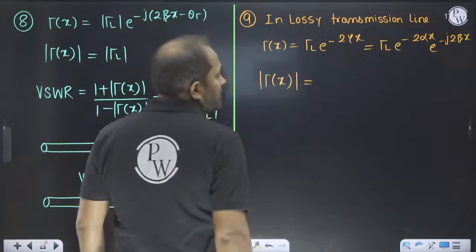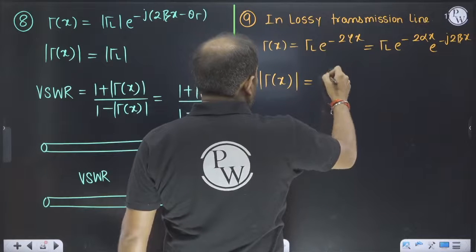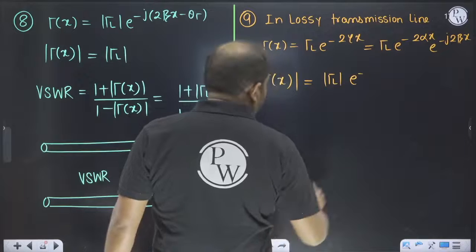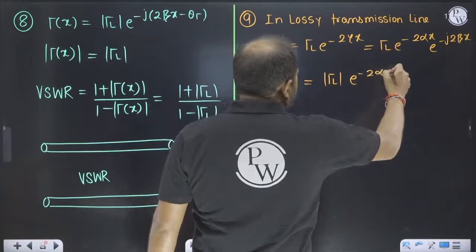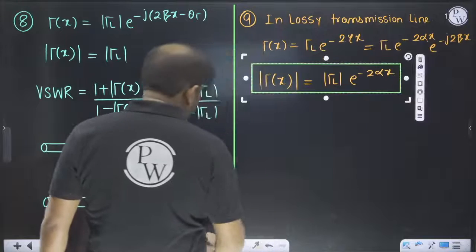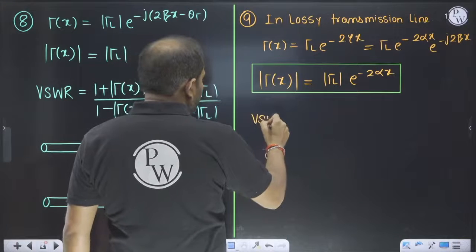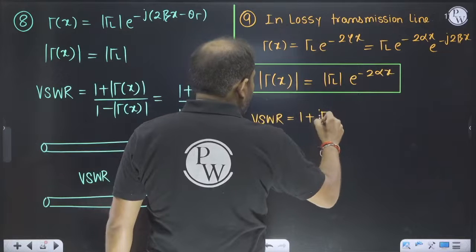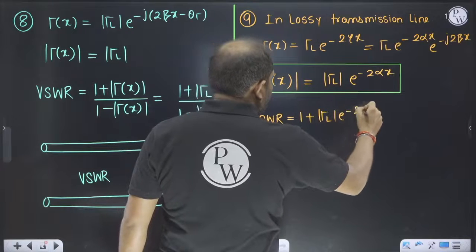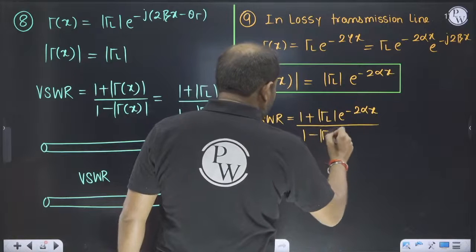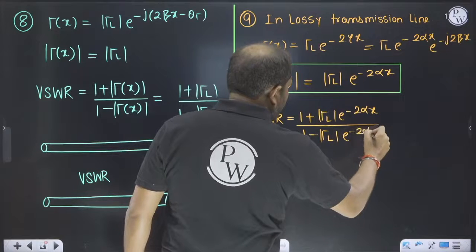The magnitude of gamma x is magnitude of gamma L e to the power minus 2 alpha x. So VSWR will be equal to 1 plus mod gamma L e to the power minus 2 alpha x divided by 1 minus mod gamma L e to the power minus 2 alpha x.